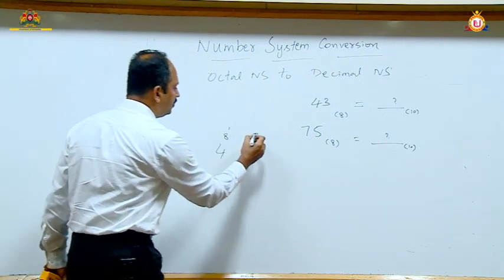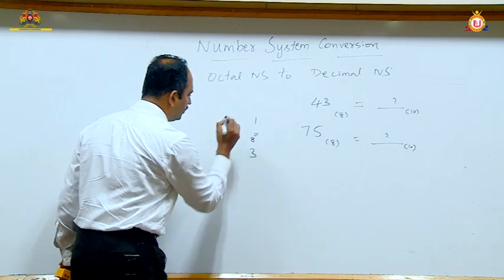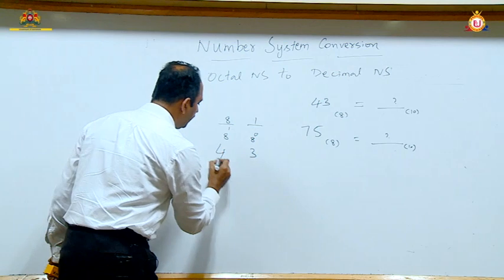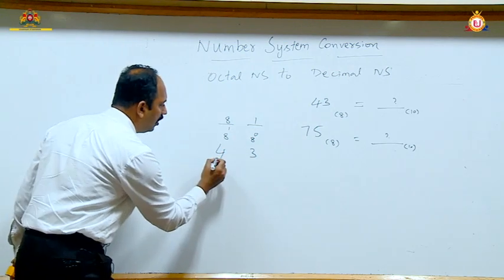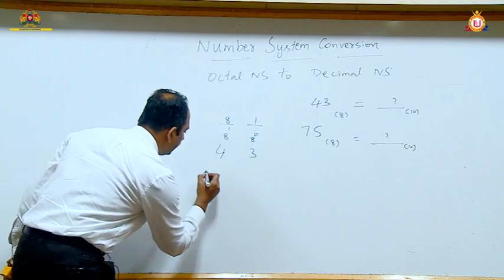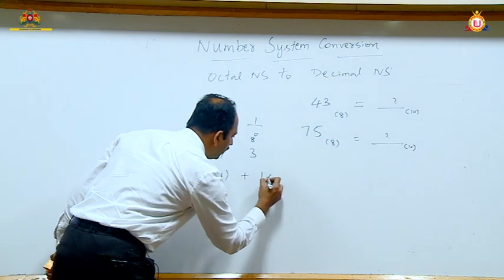What is 8 to the power of 0? It is 1. 8 to the power of 1 is 8. So this value is multiplied by the face value of the octal number 43. So that is 8 into 4 plus 1 into 3.